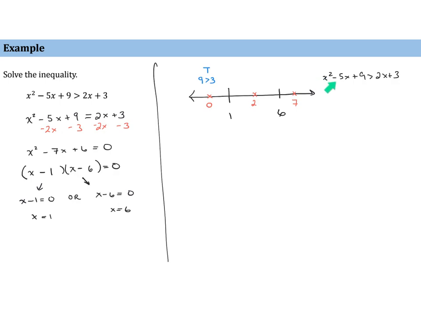We would get 4 minus 10 plus 9, that's 3, is greater than, and now put in 2 onto the right side, and we get 7. So now we will put 7 in. And so 7 squared minus 5 times 7 plus 9, that gives us 23. And then we have 2 times 7 plus 3 is going to be 17. So this is false and this one's true. And so we will shade the true portions.